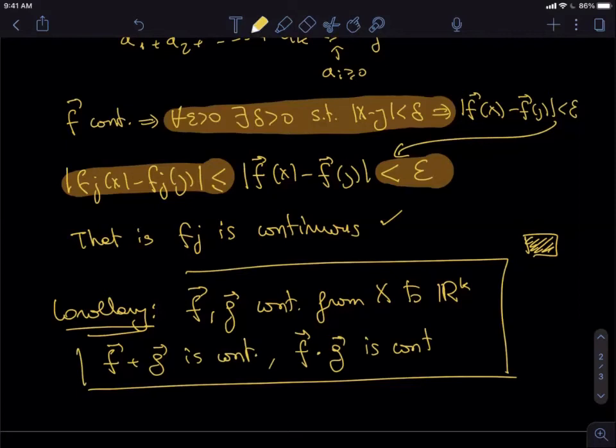This follows from the properties for the component functions. Let's see some explicit examples.